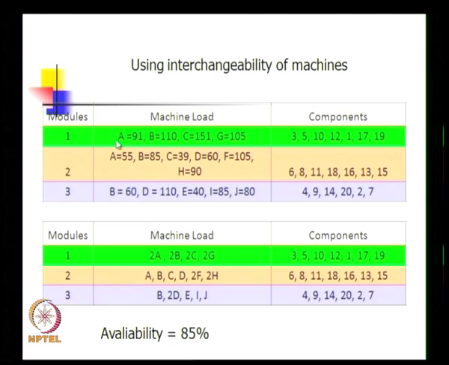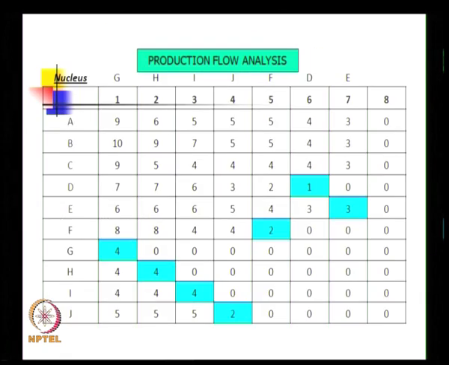Now, we realize that the first module or cell has A, B, C and G, and now we go back to these components and see how many of them require A, and then add the workload onto A. For example, we have 1, 3, now we look at A in this.